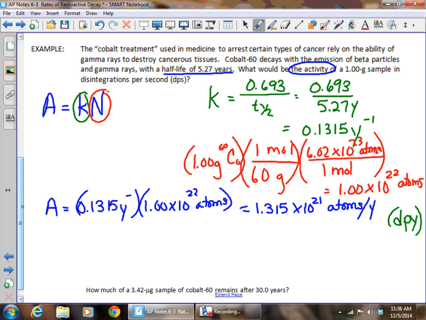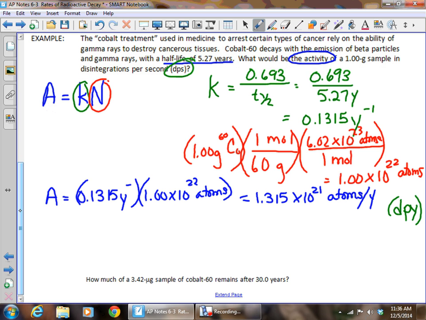But what did the problem ask us for? It asked us for disintegrations per second. So now it's just a simple conversion problem. We just need to change those years into seconds. So let's do that. 1.315 times 10 to the 21st atoms per year.